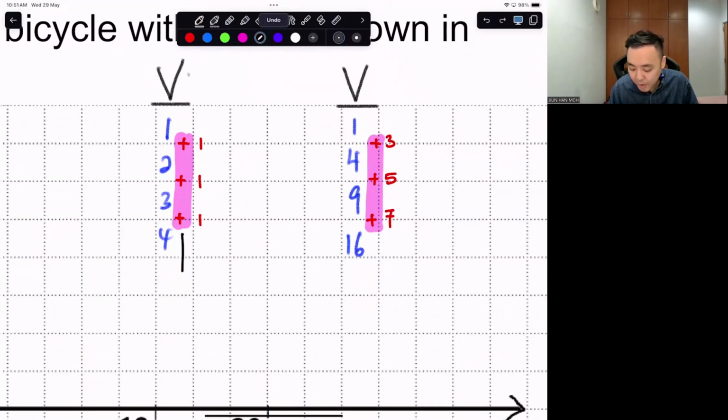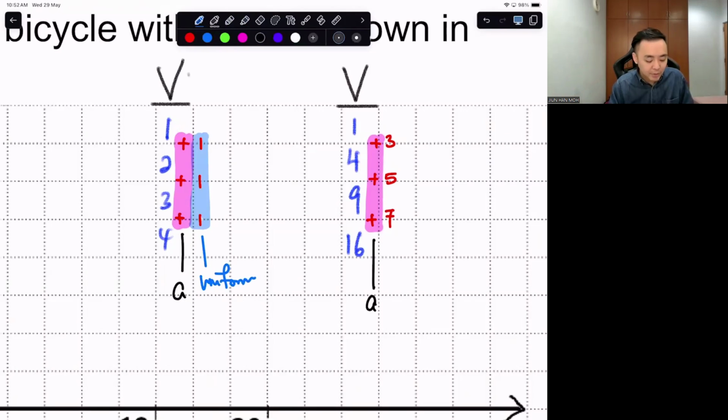But then you look at the number being increased. What about this one here? Is the value fixed? Every time you plus 1, plus 1, plus 1. So this is when we can say this one is uniform accelerations, constant accelerations. Now, what about this one here?